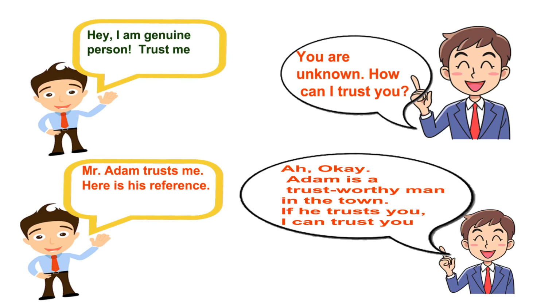There can be another situation where this guy says, Mr. John is trusting me. But you say that, sorry, I don't know Mr. John. How can I trust that Mr. John? Even if Mr. John is trusting you, I don't trust Mr. John. So in that case, another letter will be there where Mr. John is being trusted by Mr. Adam, and you already know Mr. Adam and his credibility.